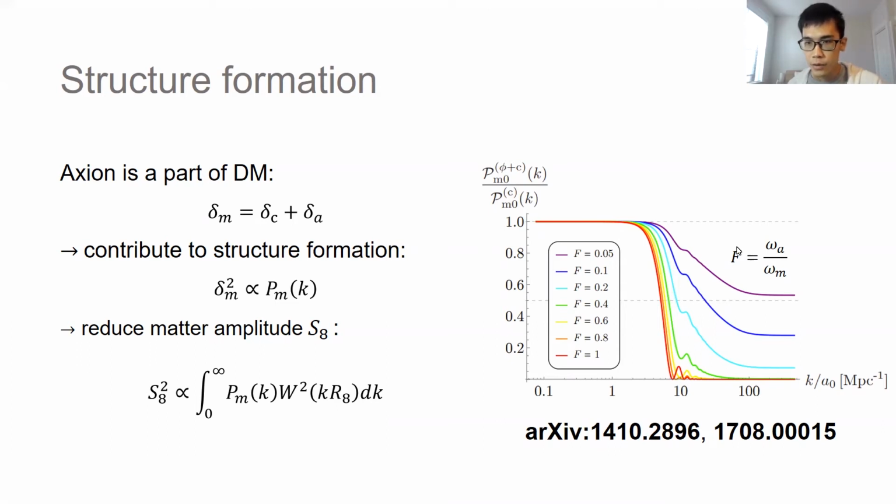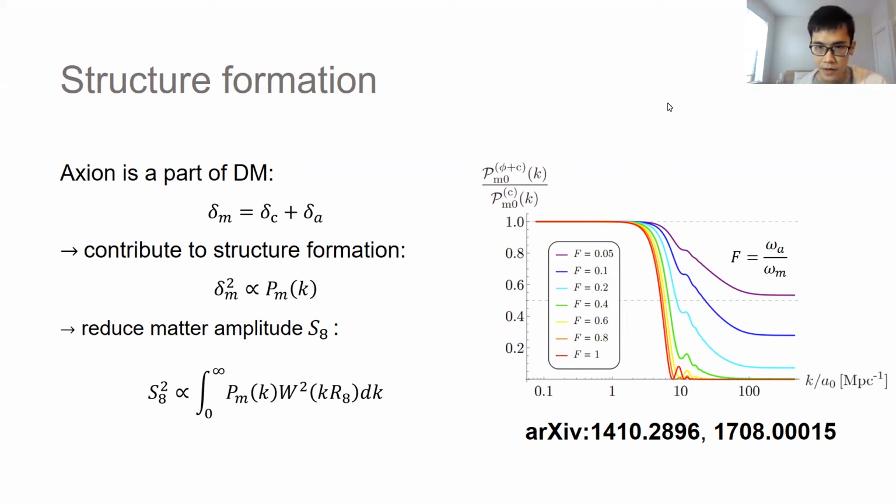If I increase the axion fraction within the total matter, denoted as f, the more axion I put in the universe, the more structure is suppressed, of course, under some scale. This scale is usually related to the axion mass. Here, this plot is for axion fuzzy dark matter of about 10 to the minus 22 eV. However, it will also apply to our Axi-Higgs axion, which is about 10 to the minus 29 to 10 to the minus 30 eV.